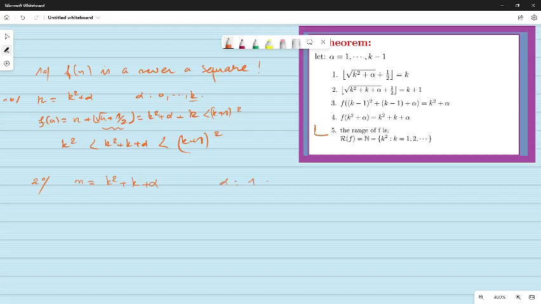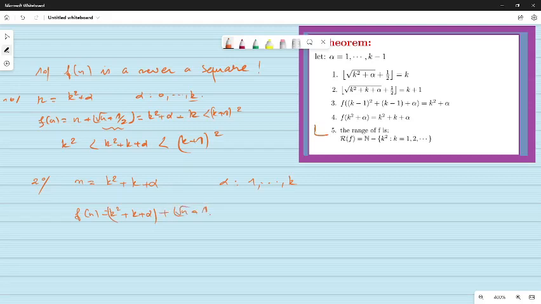Alpha goes from 1 to k. Then f of n is equal to n plus the square root, and n is exactly k square plus k plus alpha.